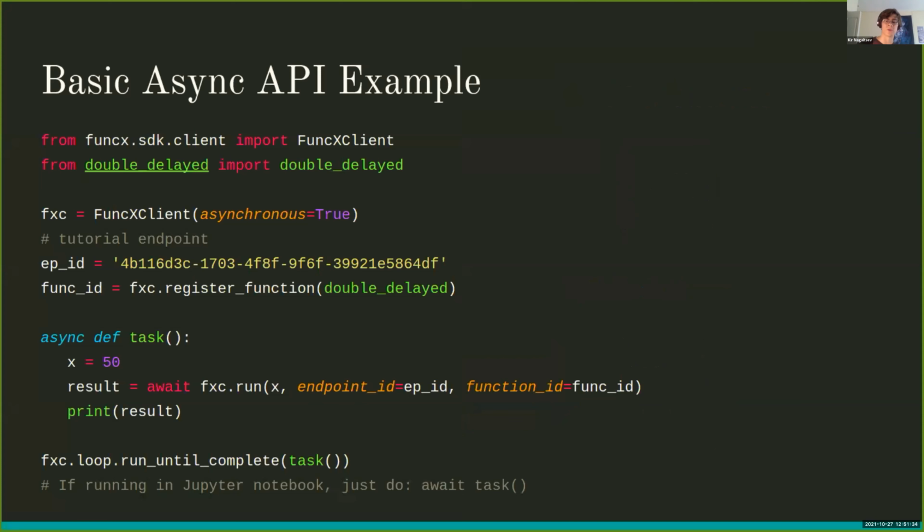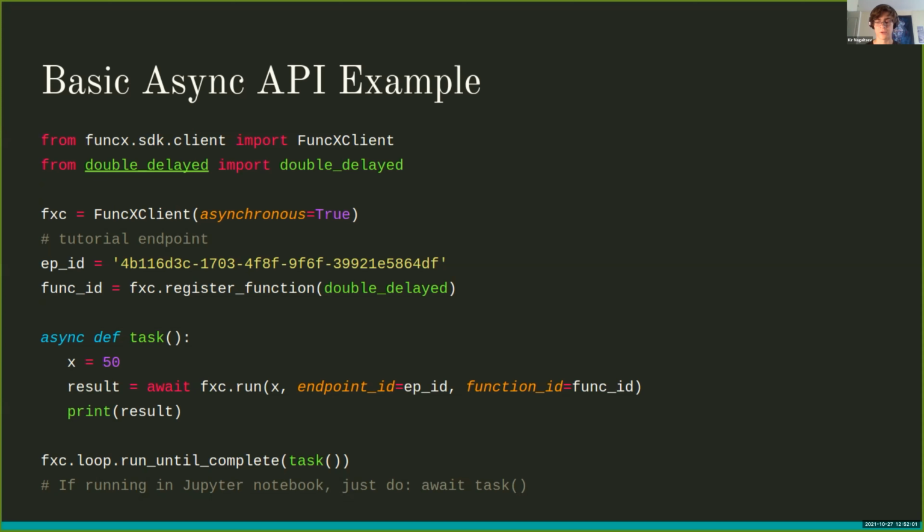So in practice, even if you're not familiar with async code in Python, I think it'll be pretty clear what's going on here. Again, we're using the double delayed function. First, note that we set asynchronous to true when we initialize our funcX client. Once again, we're using the double delayed on an input of x equals 50.